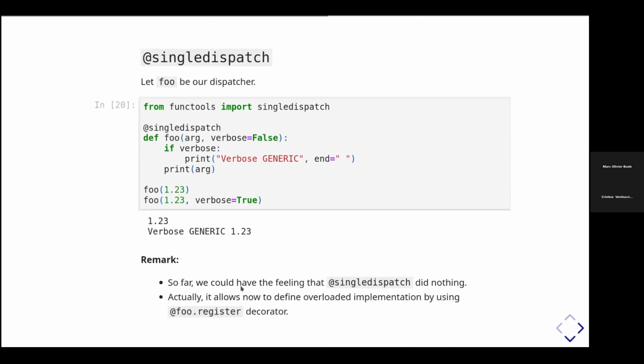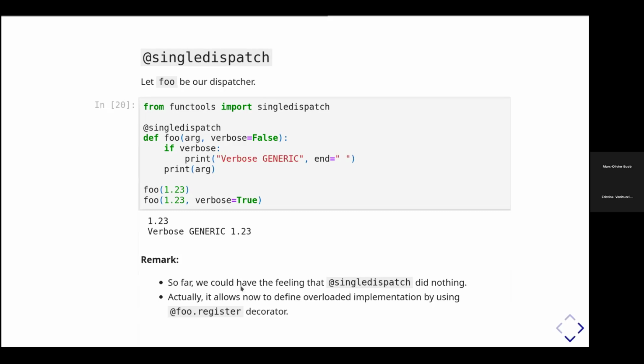So here we want to define a dispatcher. So let me recall. Yes, the goal is to write a dispatcher that will enable debugging when you call a function in some situation. At this point, it seems useless.